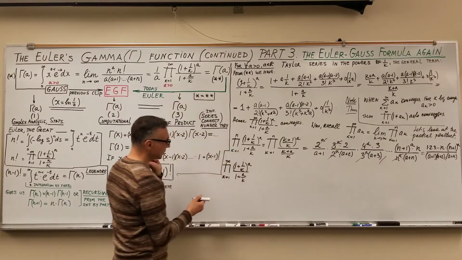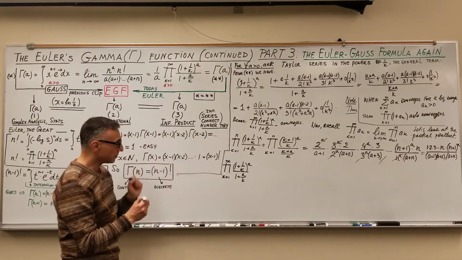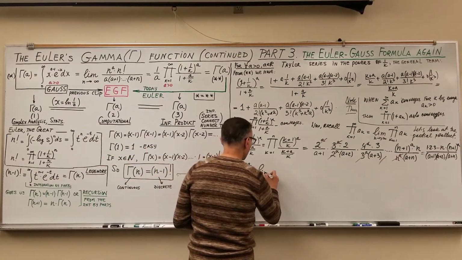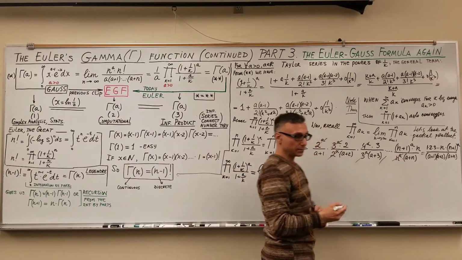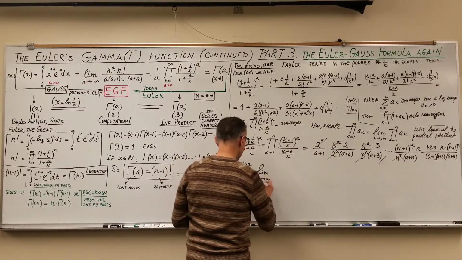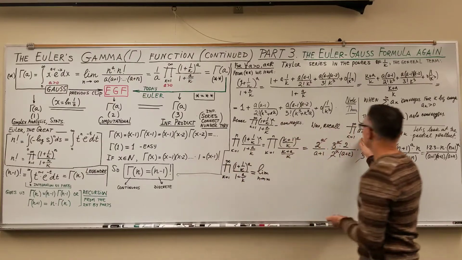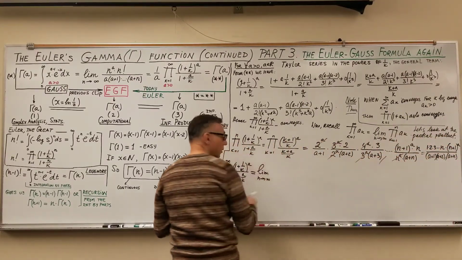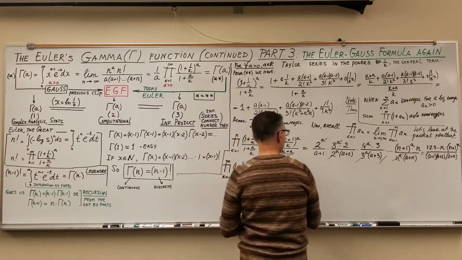That's this one. I'll just look at the infinite product. It's equal to the limit of that partial product when n goes to infinity. This is the definition of the infinite product. We all know that, we discussed that.